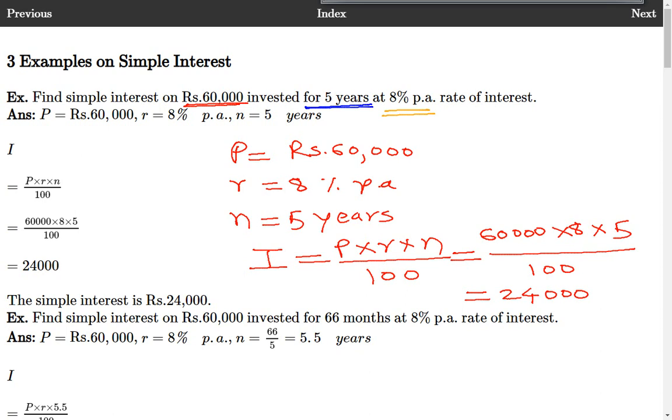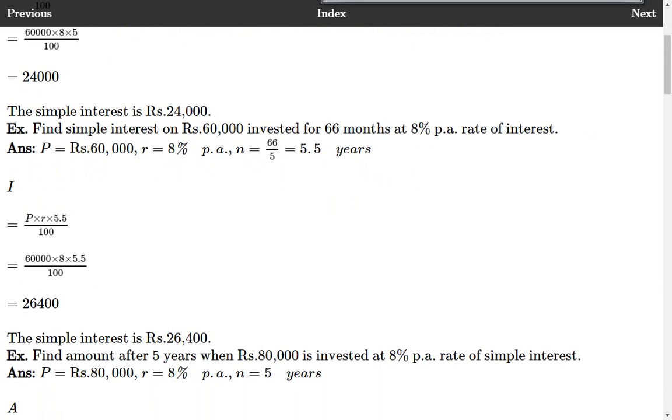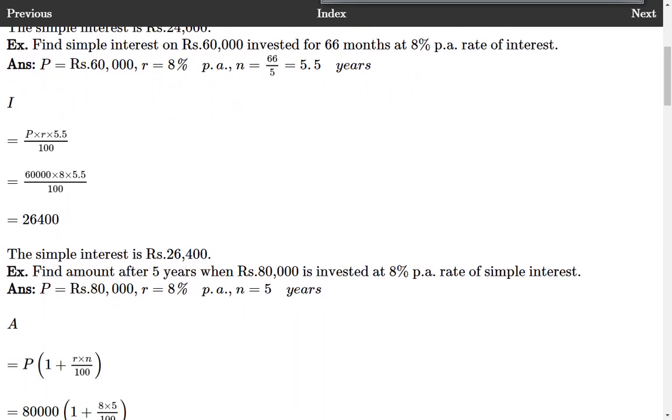Next example. Find the simple interest on rupees 60,000 for 66 months at 8% per annum rate of interest.